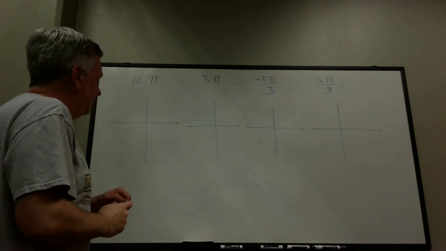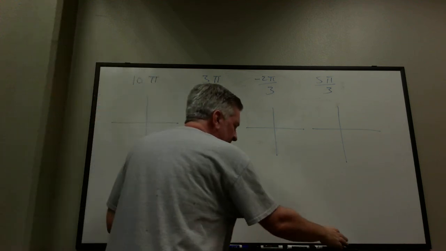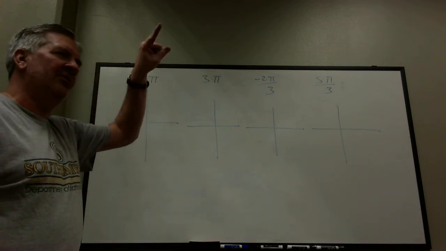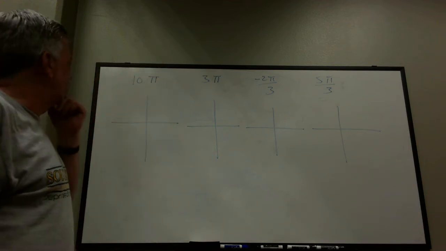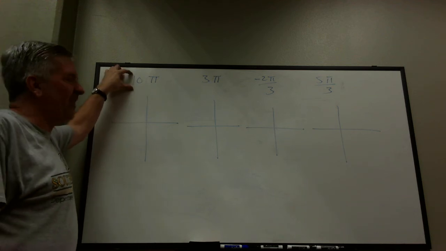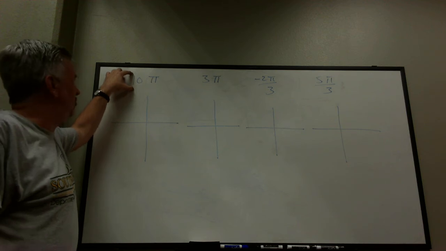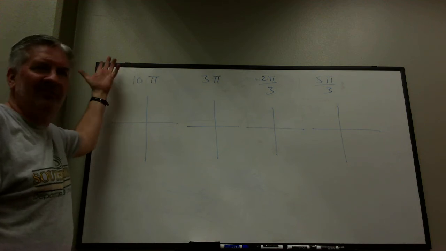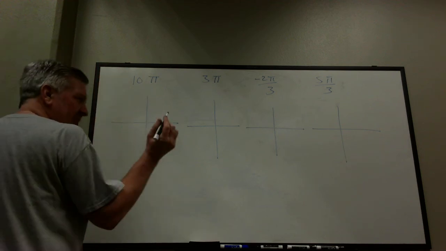We're sort of approximating. Okay, now what's the way to think about 10 pi? Again, I'm not converting to degrees. 2 pi radians was once all the way around. So how do you think about 10 pi radians? Well, that's 5 2 pi's, isn't it? 5 times 2 pi is 10 pi. And 2 pi was all the way around. So 10 pi is 5 times around. So you don't have to convert to degrees.